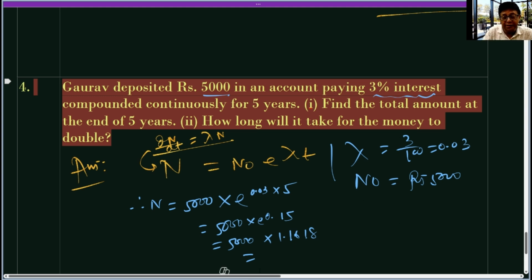Now calculate this with the calculator. I am using the calculator app on the computer. I have to reduce the scale because I do it outside the calculator. You do it manually. Okay? I am doing it just by mobile calculator. 5,000 into 1.1618.